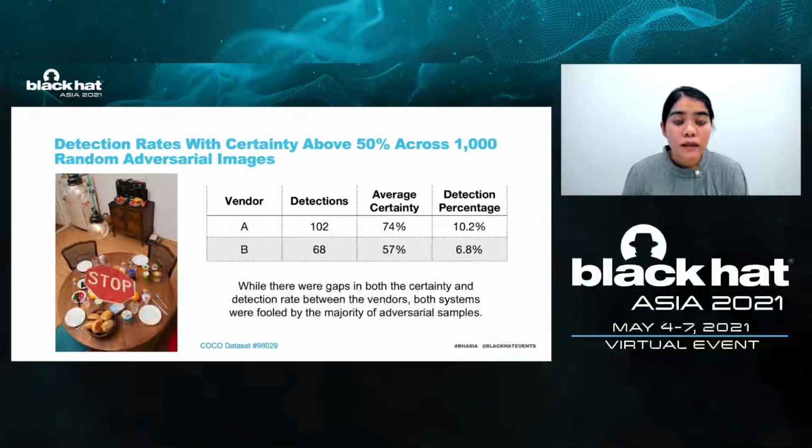And here, the average certainty of the detection for vendor A is 74%, and for vendor B is 57%. And if you take a look at the figure on the left side, you will see that this figure is totally hidden in both vendor A and B. So while there were gaps in both the certainty and detection rate between the vendors, both systems were fooled by the majority of the adversarial images we generated.